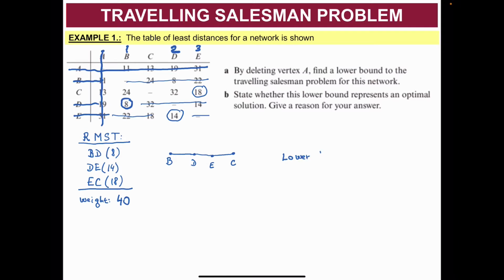You find the lower bound. If you read the algorithm properly, it is when you add the weight of the residual minimum spanning tree plus the weights of the 2 shortest arcs to the deleted vertex.